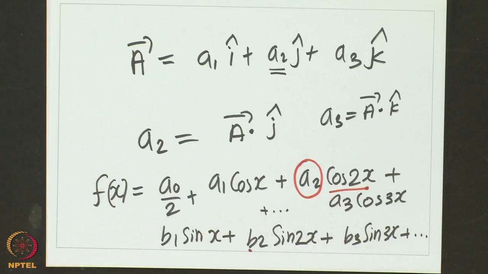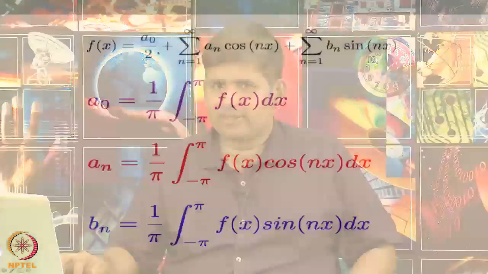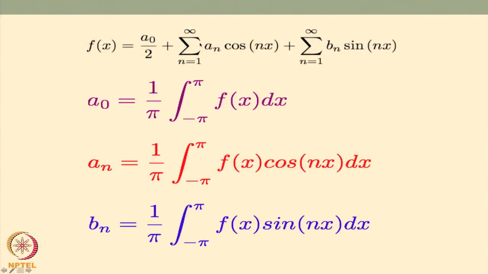Think about it. If I write it as an equation, this is what it means. To be precise, f of x is written this way: a0 by 2 plus sum over n of an cos nx plus sum over n of bn sin nx. If I want a0, I would multiply f of x with cos 0x.